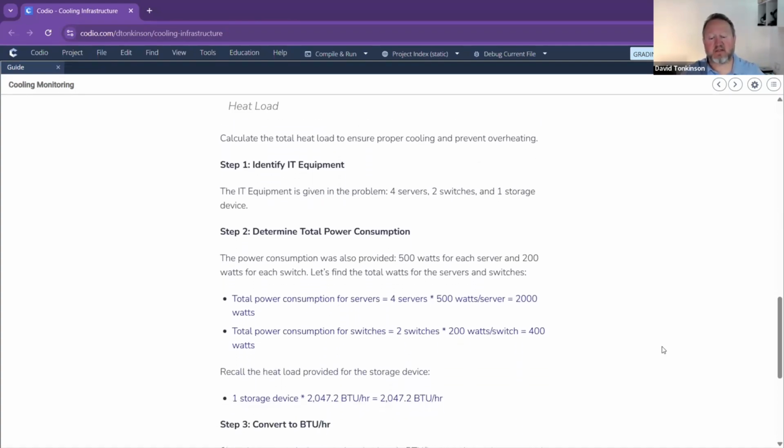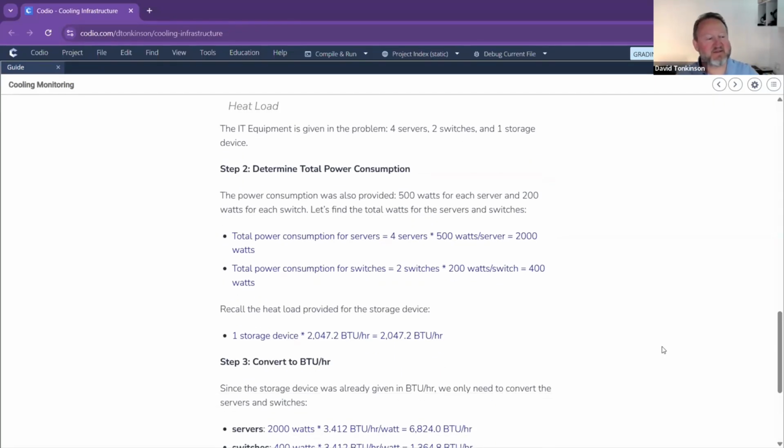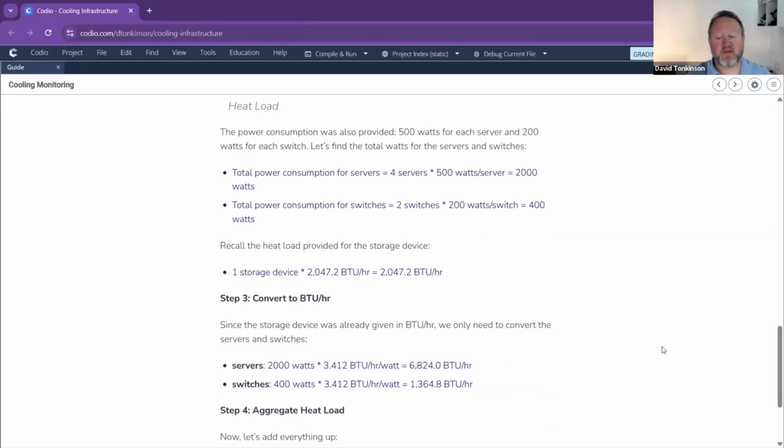So the total power consumption for the 4 servers is going to be 500 watts times 4, giving us 2,000 watts. God, I had to check that maths to make sure it's right. The total power consumption for the 2 switches, which is 2 switches at 200 watts, is 400 watts. And the 1 storage device, they've already told us the BTUs of that, which is 2,000.